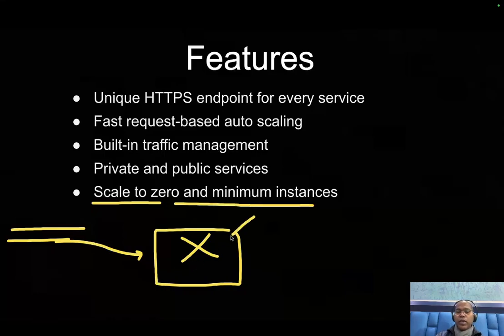Because there is no container instance running for the application, at that time the container instance launches, and then your request is served by the container. This is sometimes known as cold start.